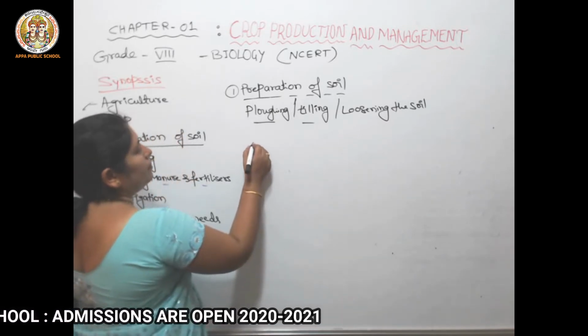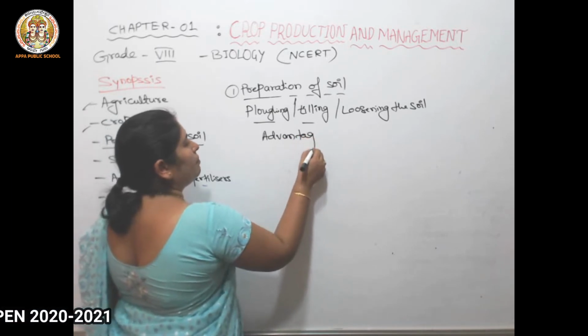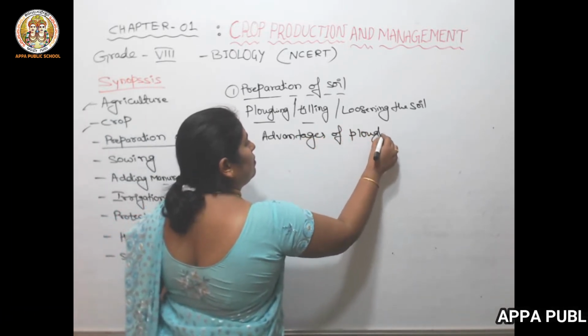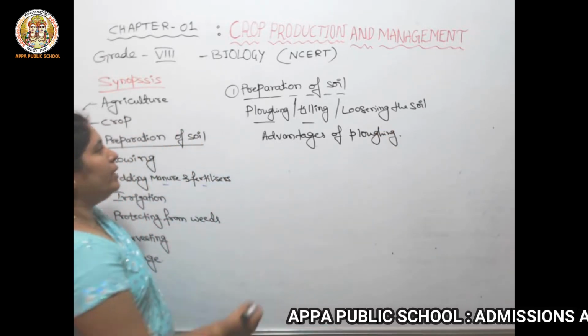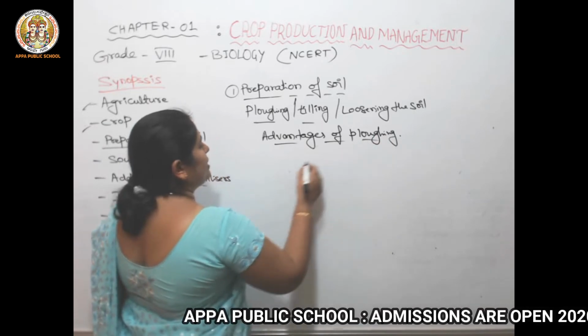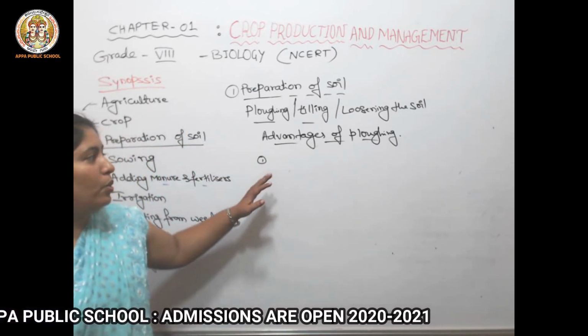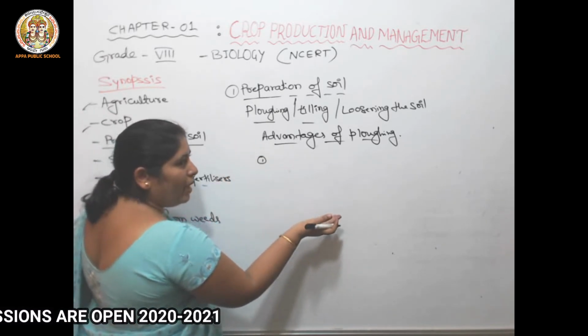First one, you can even call it the advantages of plowing. Okay, so here in these advantages of plowing, the first point is this helps to exchange the nutritious soil from down to up.